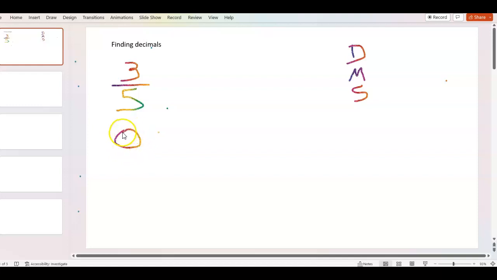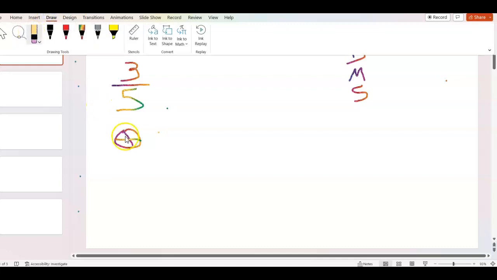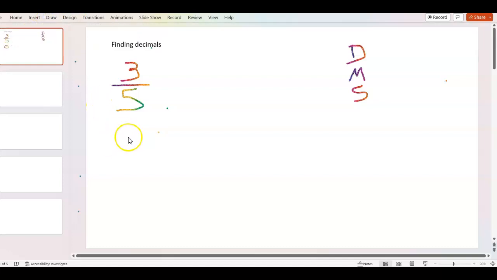And in fraction form, that would not look like that. We'd have to do a square maybe.